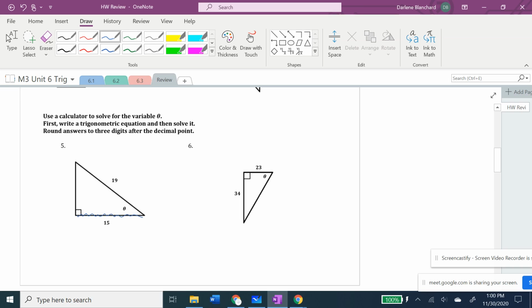You have this side right here. Here's angle theta. This is one of the legs. Do you see which side it is? The side that is length 15, thank you, yes, adjacent. The side that is length 19, which side is that?